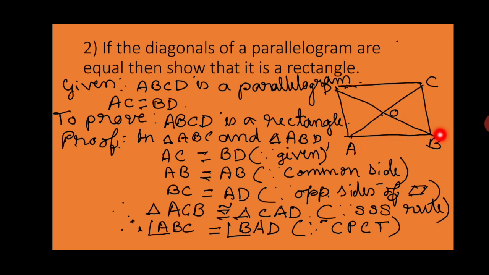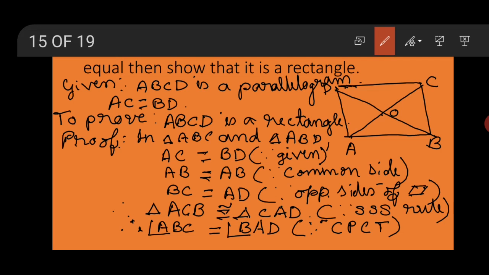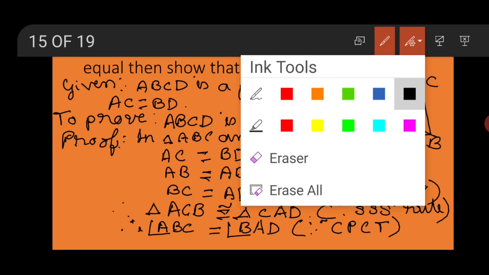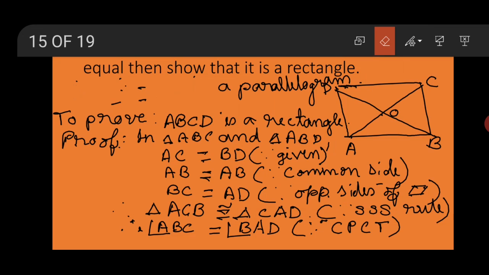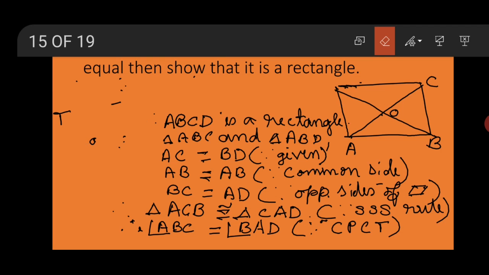Imagine AB is the transversal, then what about these two angles? The sum of angle A plus angle B is equal to 180 degrees. Write down angle CBA plus angle DAB.